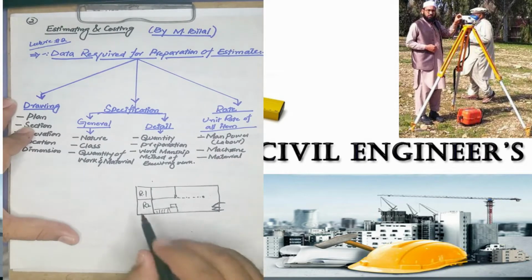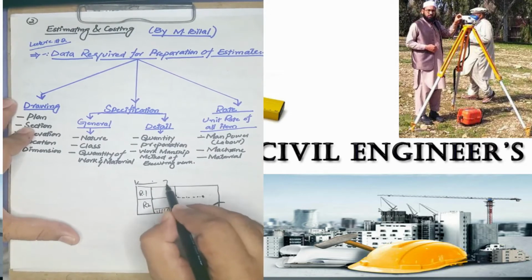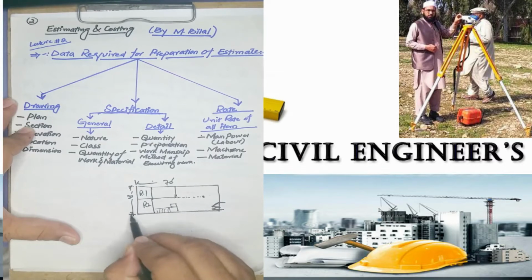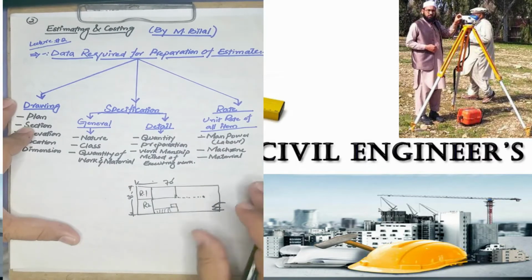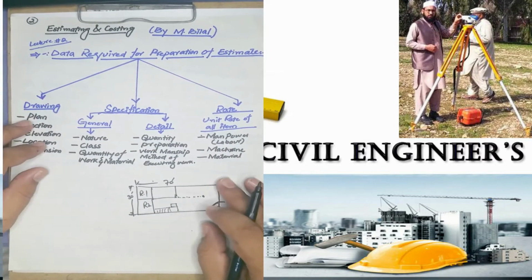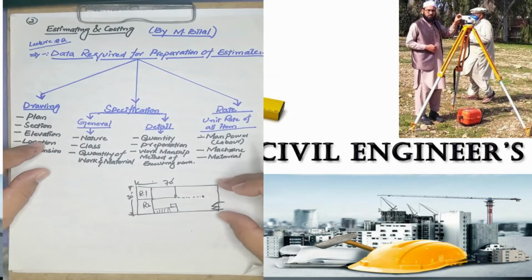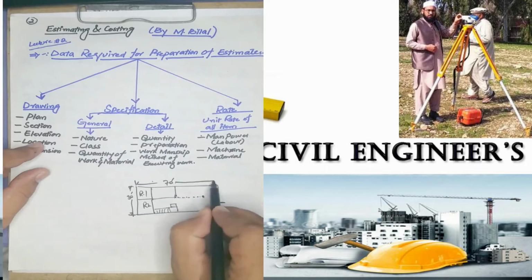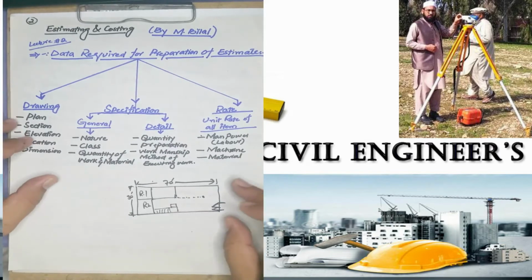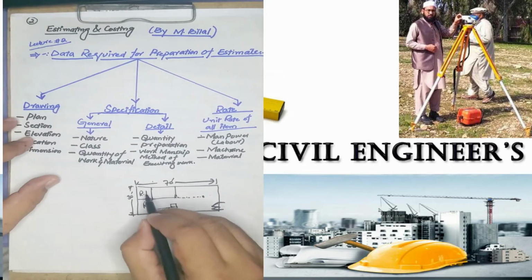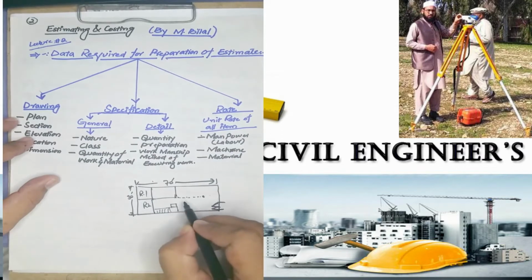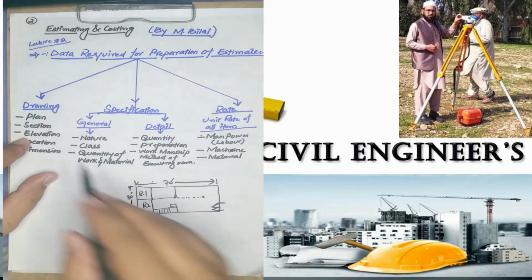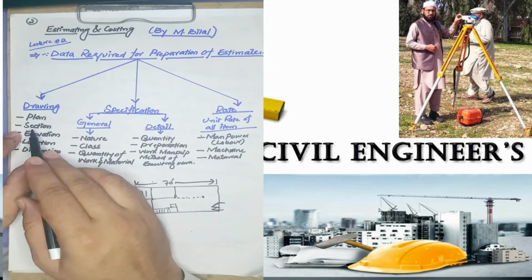Let's suppose its dimension is 70 feet by 30 feet. This is called the plan of a building. The plan required for preparation of an estimate will be in detail, with detailed dimensions mentioned for each room, veranda, and staircase.